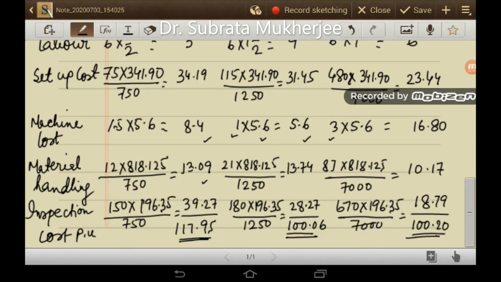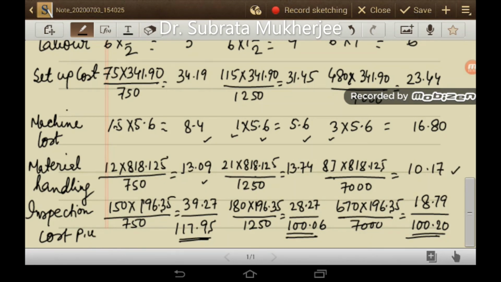So for product Y, you can see in the question it is given 21 movements of material are required. 818.125 is the material handling cost rate and 1250 is the production for product Y. And for product Z, 87 movements of material are required. The rate is 818.125 and 7000 units of production were made for product Z, so 10.17.